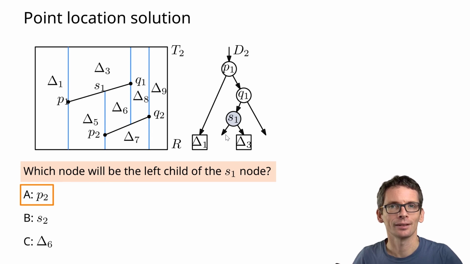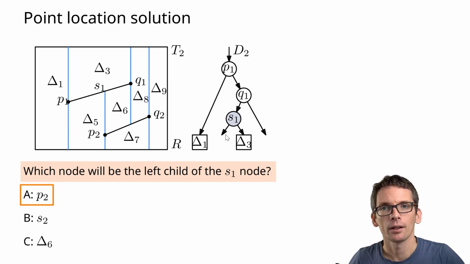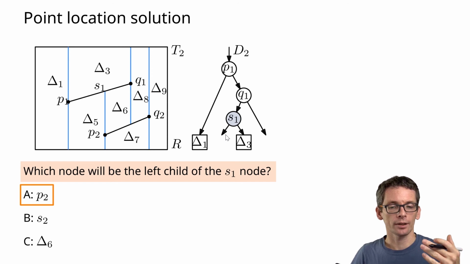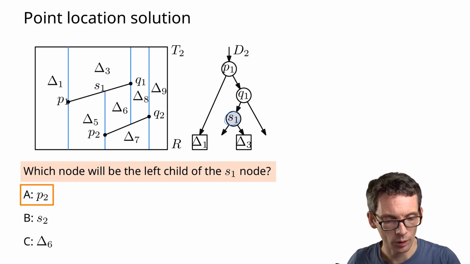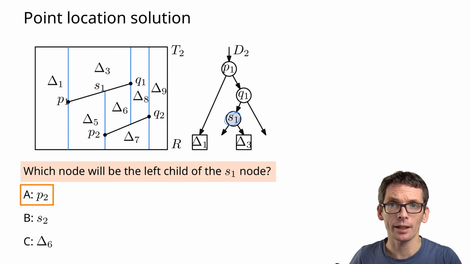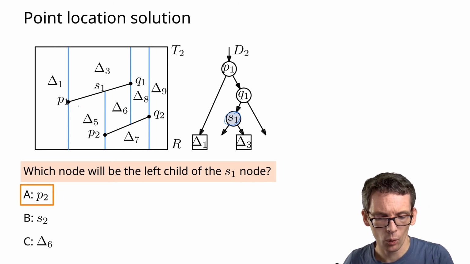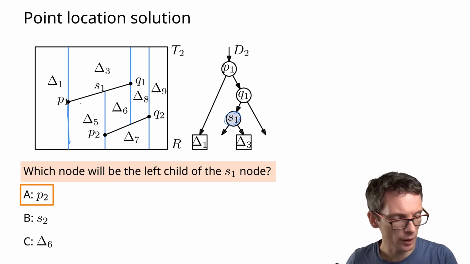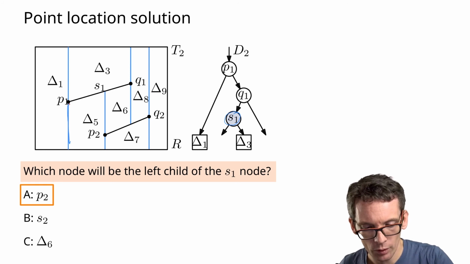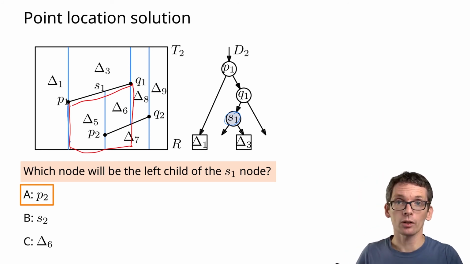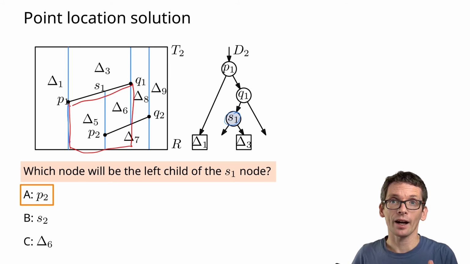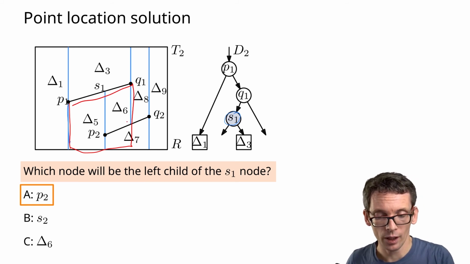It will be A, namely an X node with P2. So if I'm below, after querying S1 here, what I know is that I'm in this region. When I'm in that region, what I will first want to find out is whether I am to the left or right of P2.